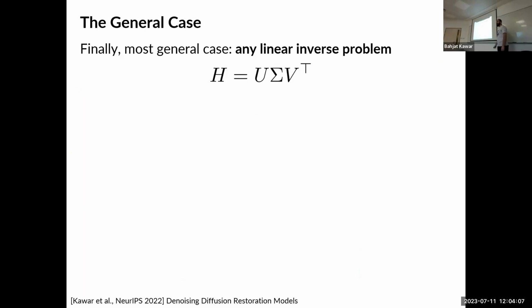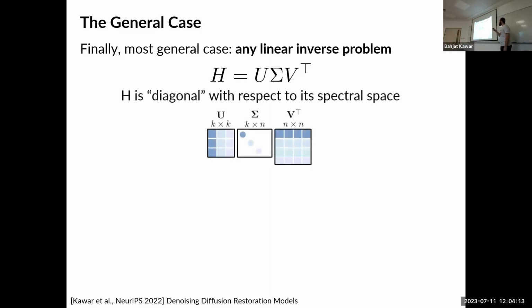So any matrix H, whatever it looks like, we always decompose it to U sigma V transpose, where U and V are orthonormal square matrices, and sigma is a rectangular diagonal matrix with the singular values on its diagonal.